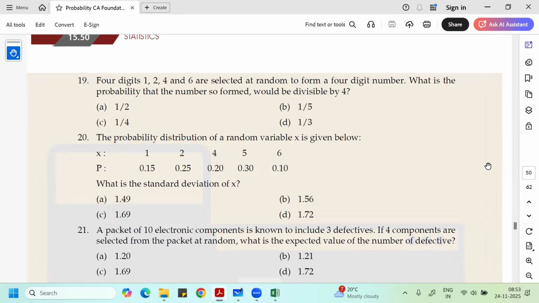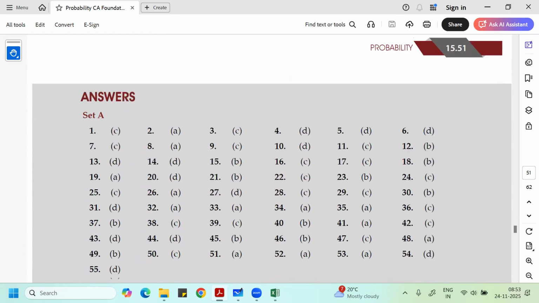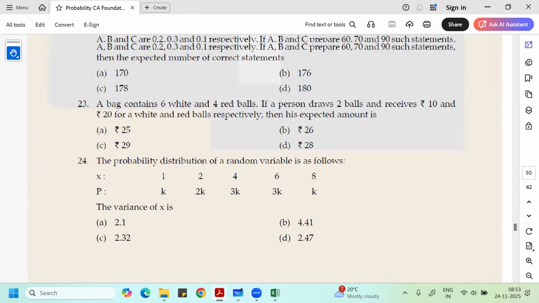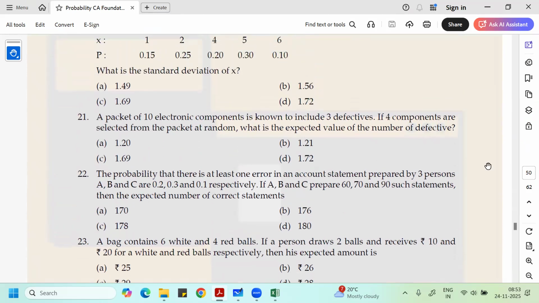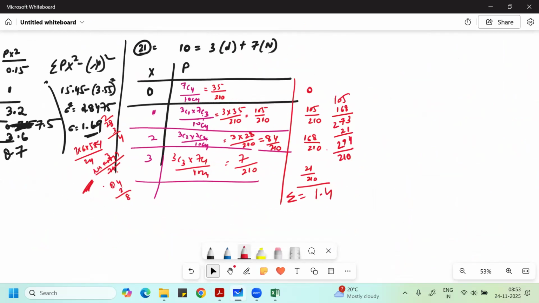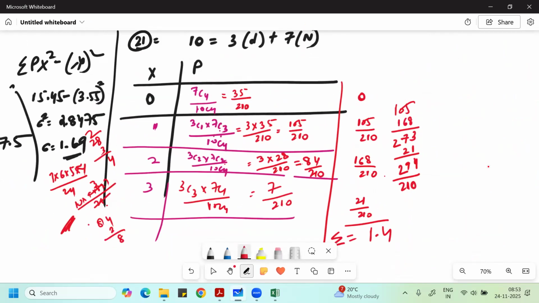So what is the expected number of defective? Question number 21 is option A, 1.2. So yes, this is 7C4, 35 by 210.